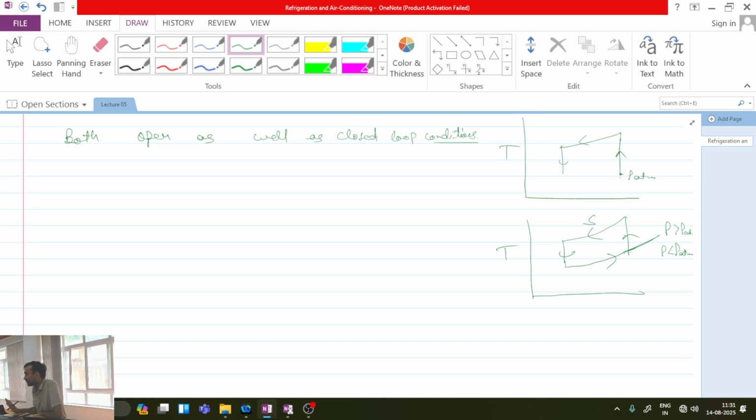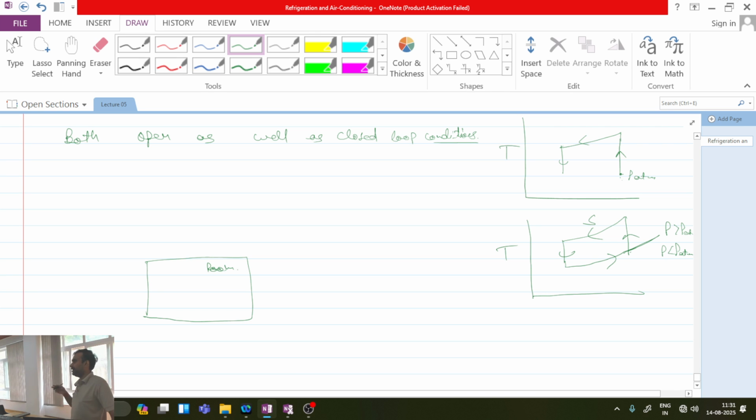Is this point clear? How it can operate in an open condition for low pressure heat exchanger, you can consider it like this. Say this is the room and this room you want to maintain at low temperature condition. You want to maintain this room using the gas refrigeration cycle.